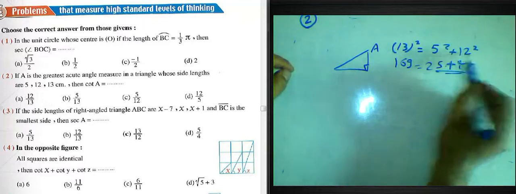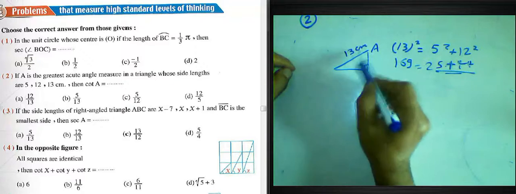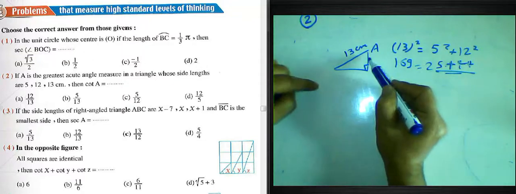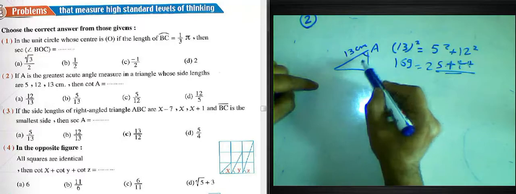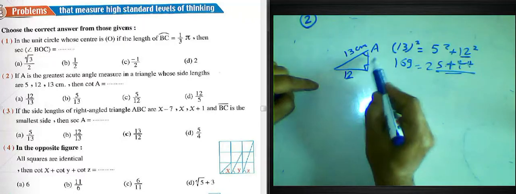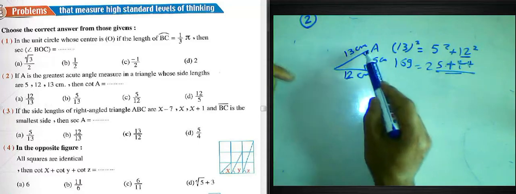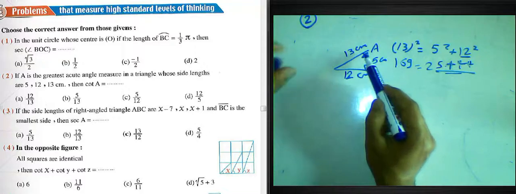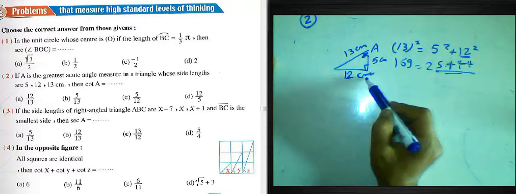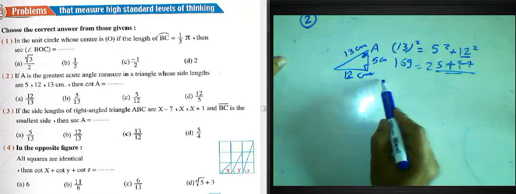We know the hypotenuse will be 13, and the greatest acute angle is opposite 12, and another side will be 5 centimeter. Okay, hypotenuse will be 13 and the greatest acute angle in the triangle will be opposite 12 centimeter, and another length will be 5 centimeter. You want to find cotan A.